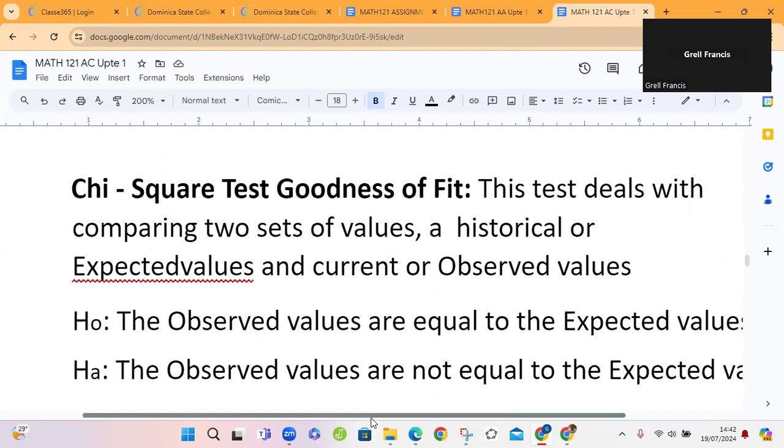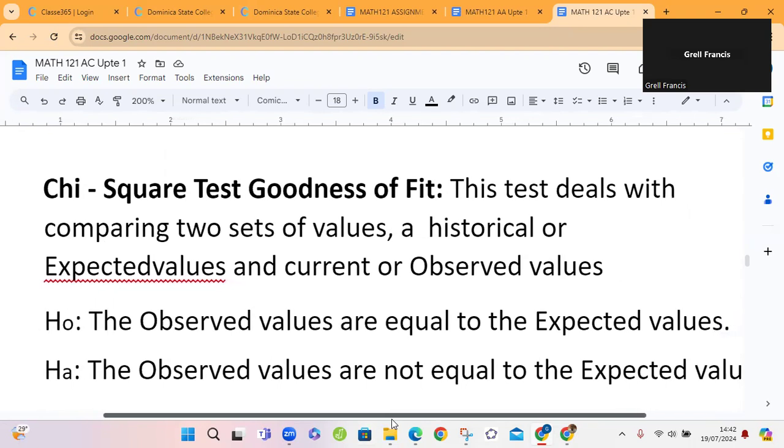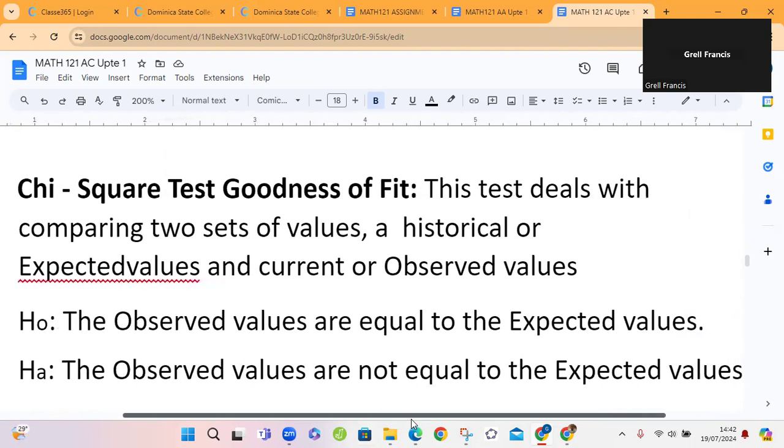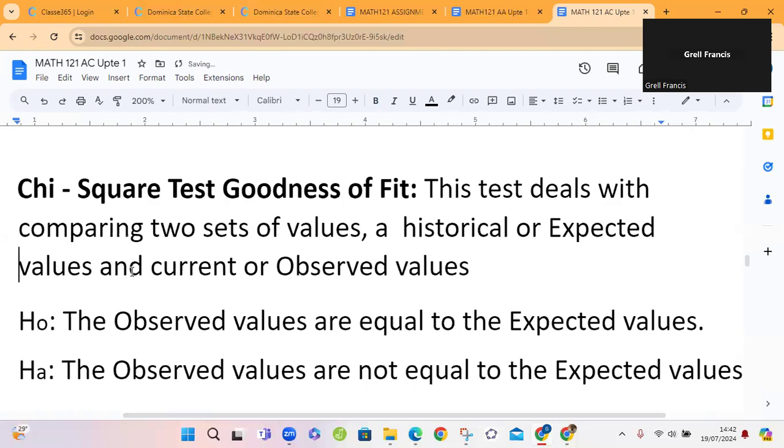So the null will be saying the observed values are equal to the expected, and the alternative will be saying the observed values are not equal to the expected. So this is the pair of hypotheses for chi-square test of variation or goodness of fit.